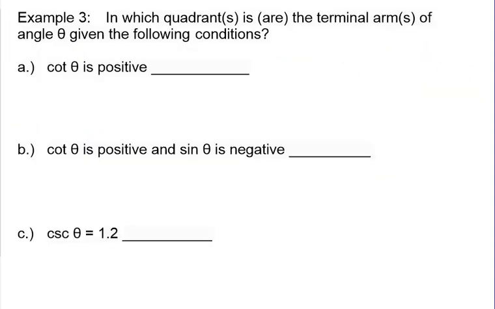In which quadrants are the terminal arms of the angle given in the following conditions? So what quadrants are they in? Where cotangent is positive: cotangent is the reciprocal of tangent, and tangent is positive in quadrants I and III. Remember, these are always written with Roman numerals.